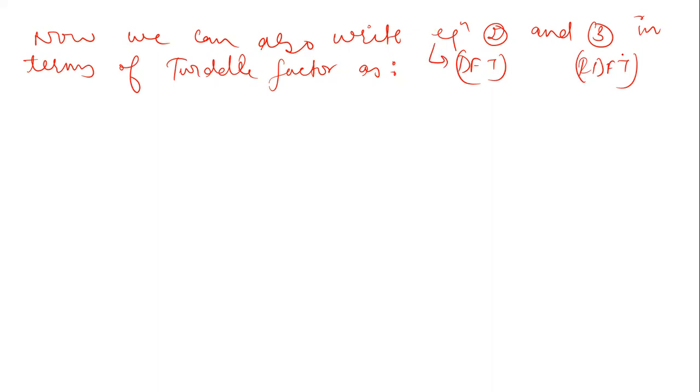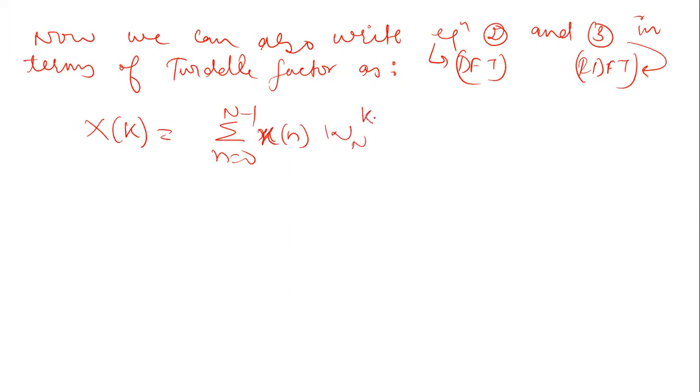So X(k) is equal to summation n is equal to 0 to N minus 1 x(n) W_N^(kn).